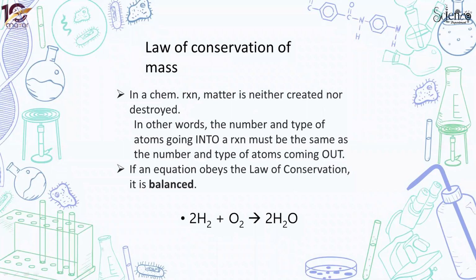If the number of atoms in the reactants equals the number of atoms in the products, it means that this equation is balanced. You're obeying the law of conservation of mass. And this must be the case whenever you work with a chemical reaction: it must be balanced. There is a part of chemistry, which is stoichiometry, which is concerned with calculations. You can't do calculations unless your chemical reaction is balanced.